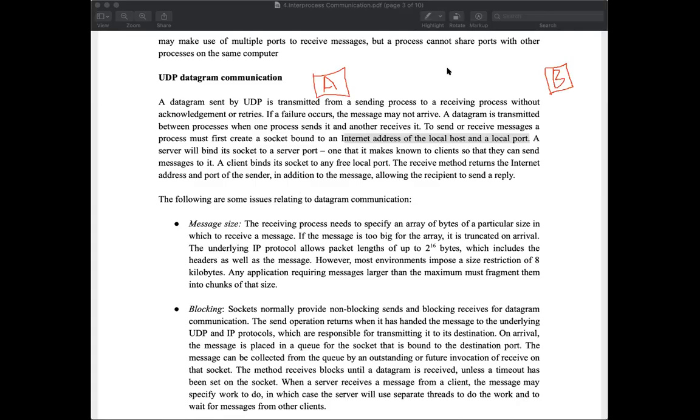So let us assume that we have an infrastructure like router A, router B, router C likewise.